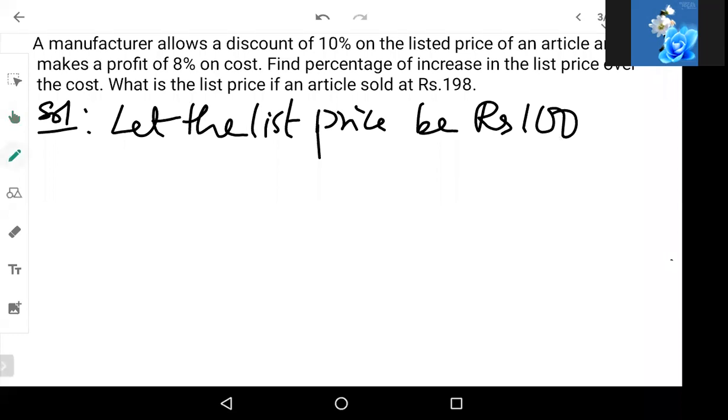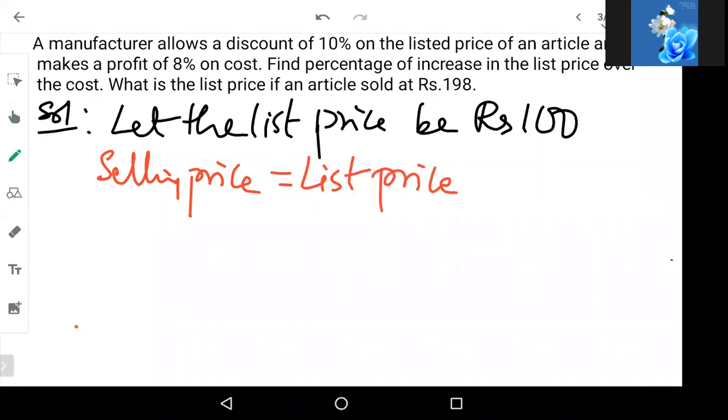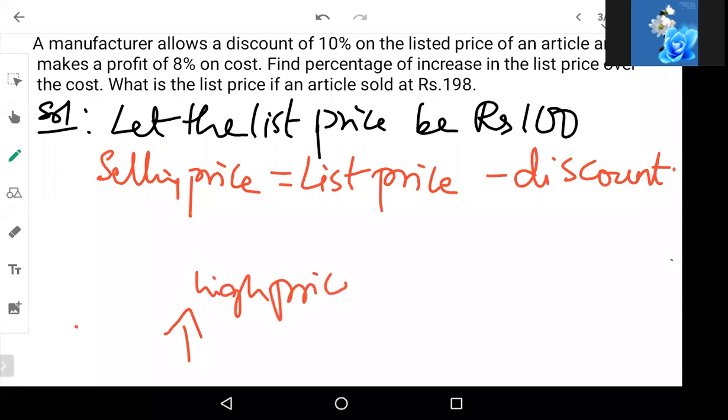Now the formula goes like this: selling price is equal to list price minus discount. This is the way the manufacturer is selling. He will put the products at a high price, and then he's going to give a discount of 10% on the products.